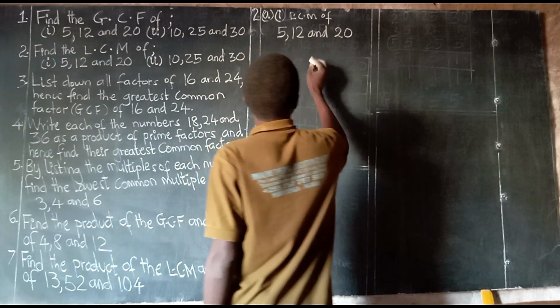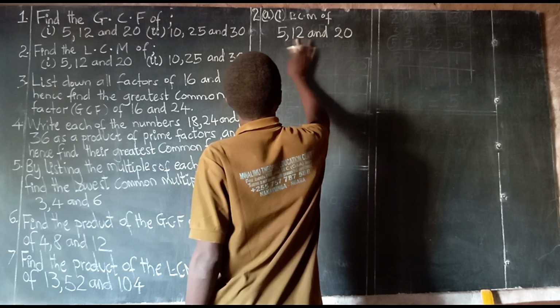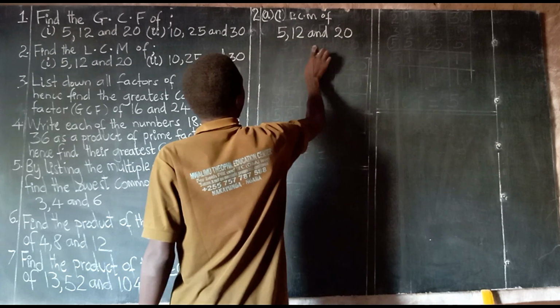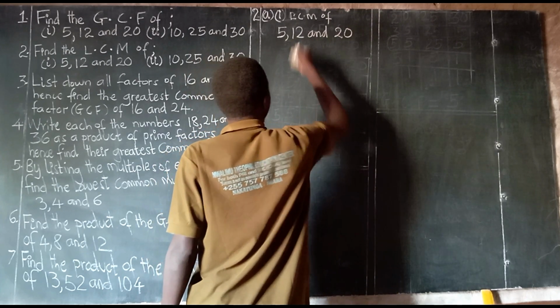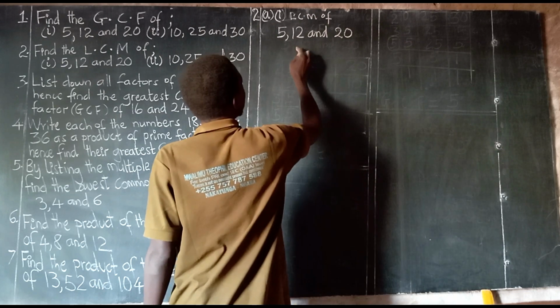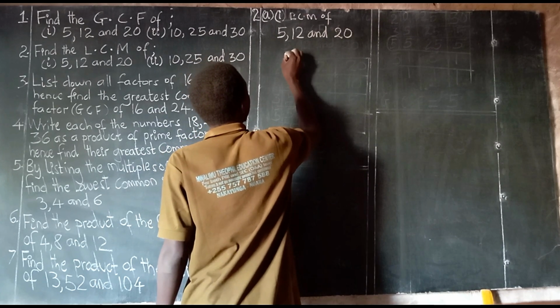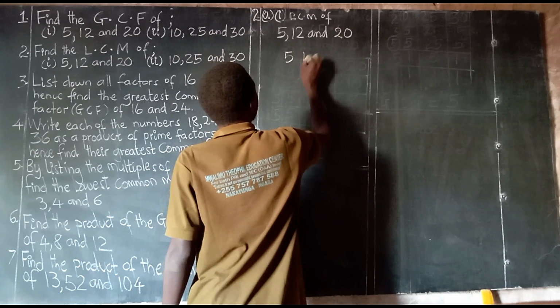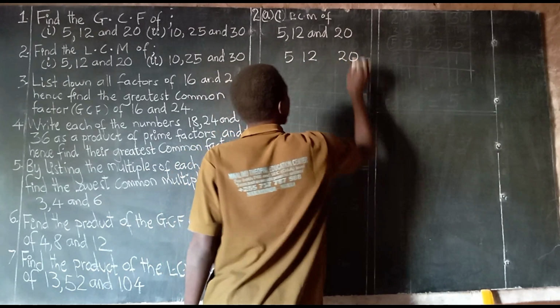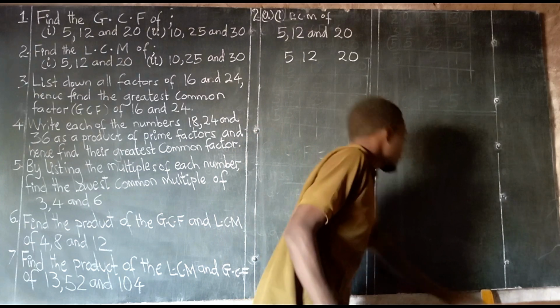The way we do the solution is the same. We again use the prime factors. So we have 5, 12, and 20.